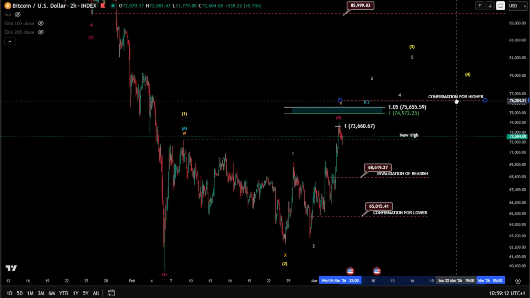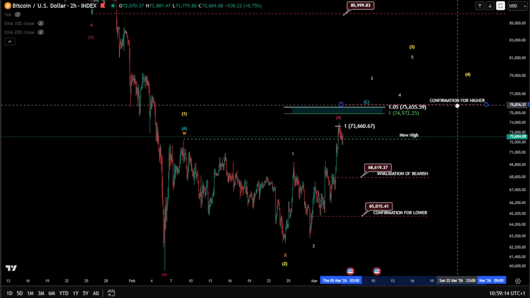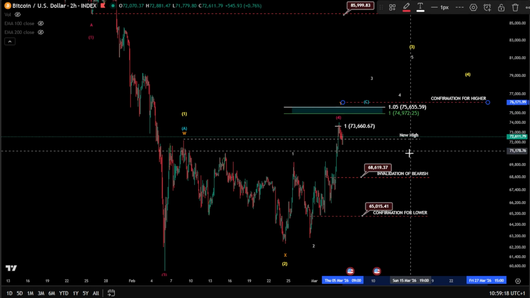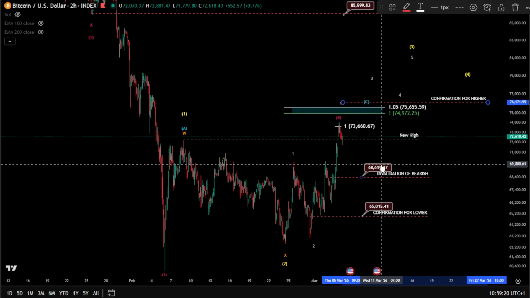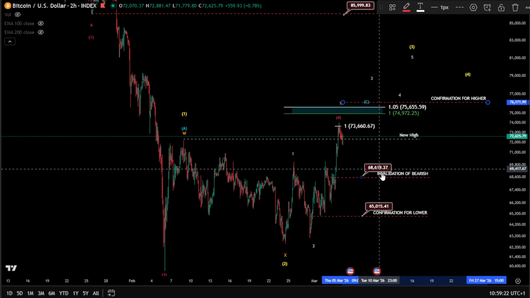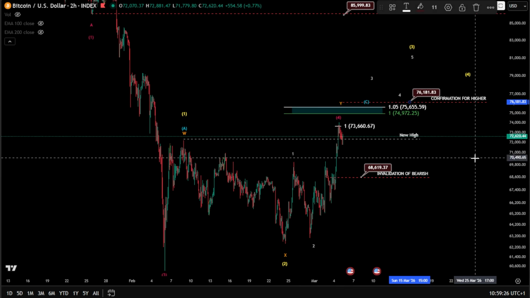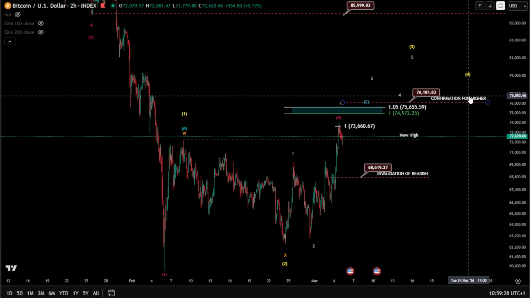Well, right now we're going to get a new confirmation for higher, which is breaking above the 75k 655. That means, of course, this is going to be our price here, which is 76k 180.